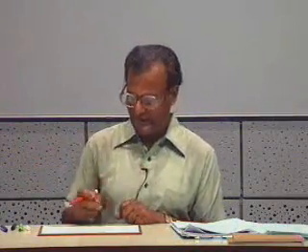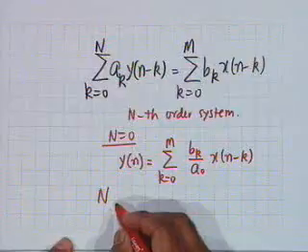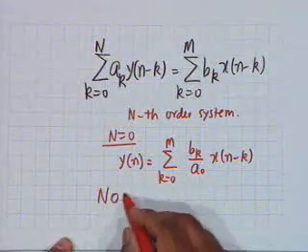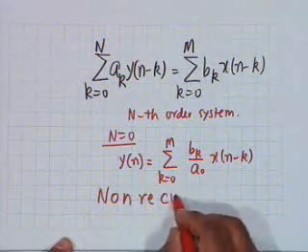The past outputs have already passed. We shall have to get them from the memory. We shall have to retrieve. If I had a y of n minus 1, I had to go back to the memory and ask for the immediate past output. There is no recursion here, and therefore this equation or this system is called non-recursive.